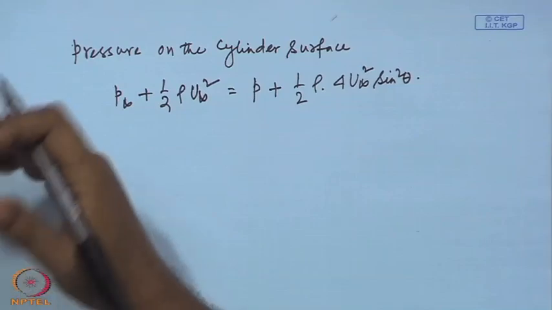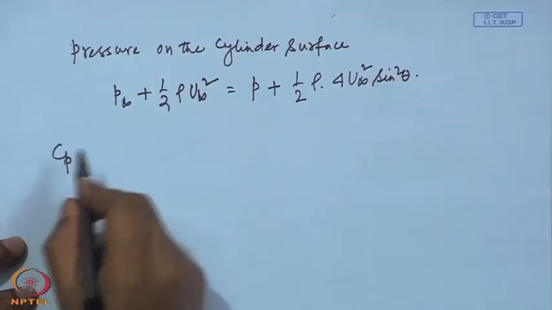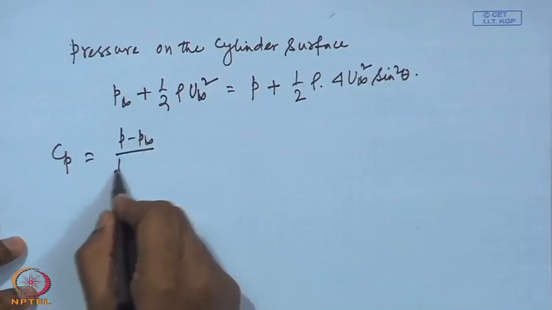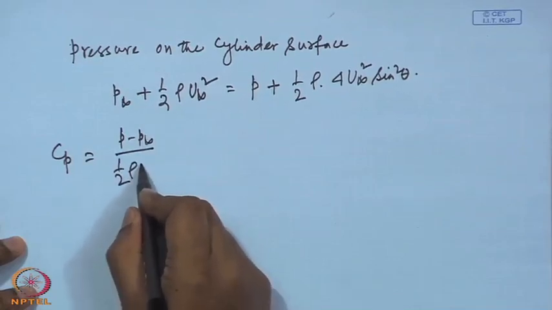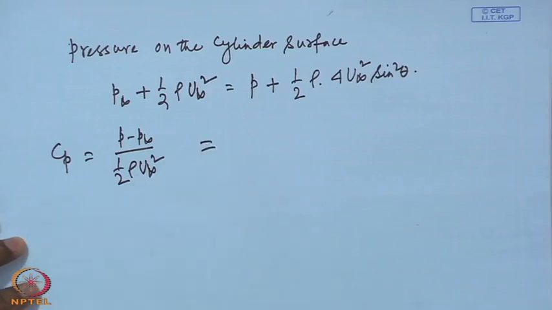So, if you are sometimes asked to find pressure, you can leave it at pressure coefficient only, or rather try to find the pressure coefficient, not the absolute pressure. So, the pressure coefficient, as you know, we defined as C p is P minus P infinity by half rho u infinity square. So, what will this be?